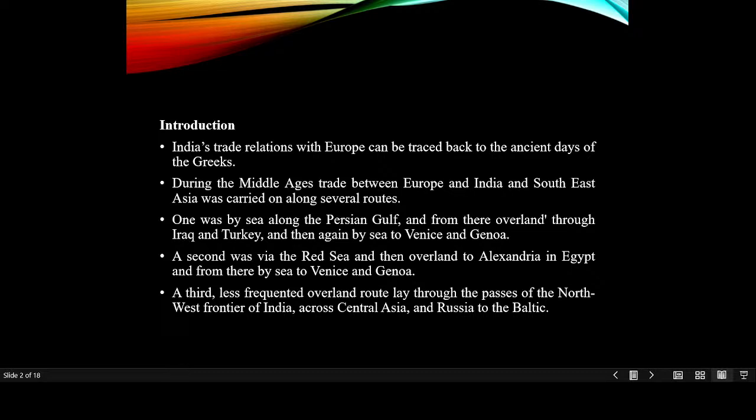So the Italians crossed the passes, went to Russia and then to the Baltic, and then they reached the Italian states. In all, these were the three important routes through which Italians from Venice, Genova, Milan conducted trade with India. Okay, is it clear?